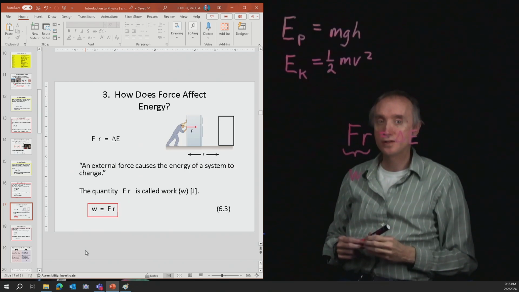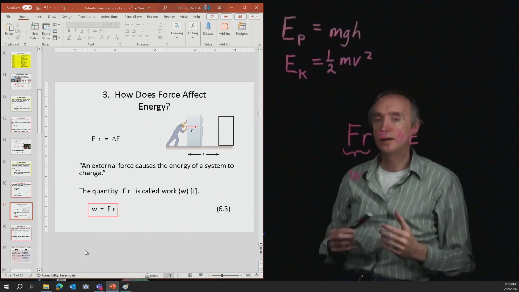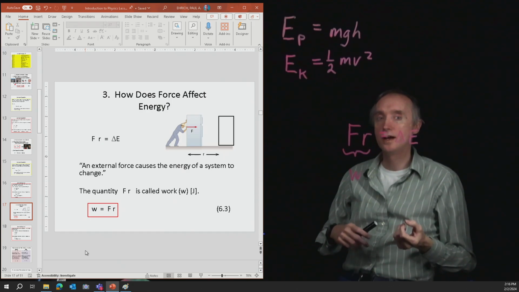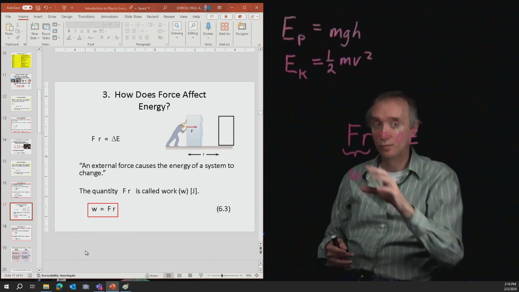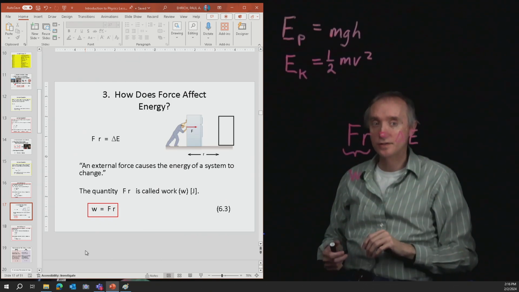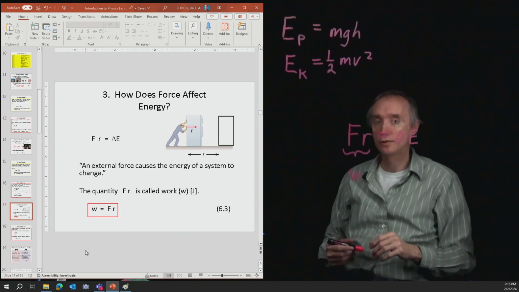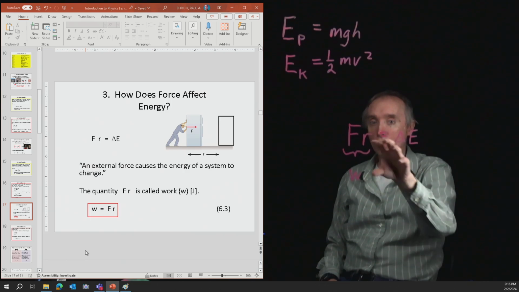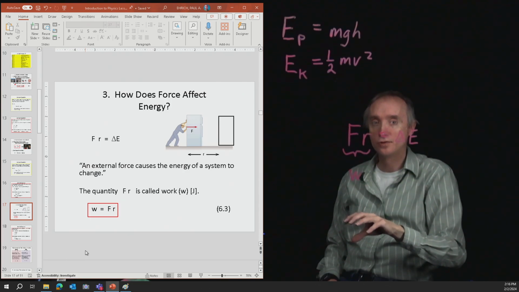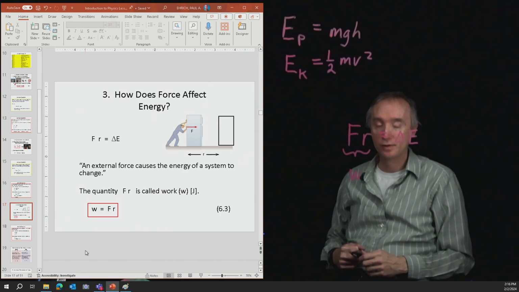So it's the transfer of energy. And then if you take a chemistry course, you'd find out that there's another way that energy can be transferred from one system to another, and that's through heat. So heat will be the transfer of energy from one substance to another, but work is the transfer of energy through the motion of something.